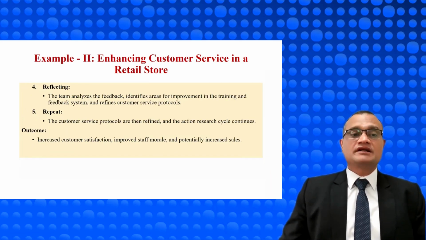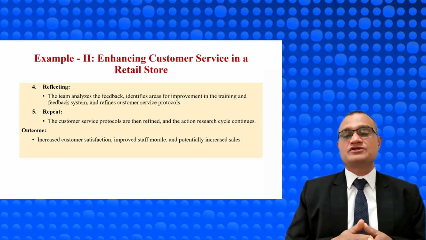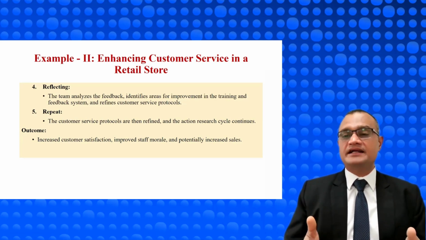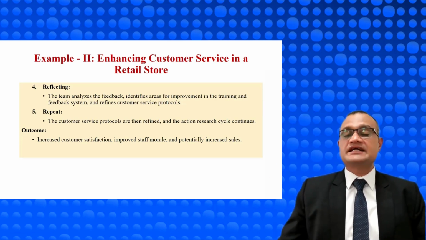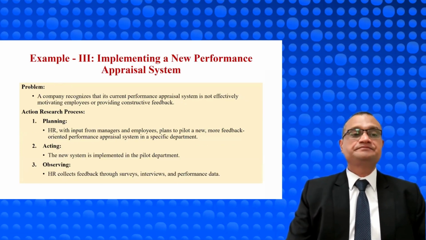Number four, reflecting: the team analyzes the feedback, identifies areas for improvement in training and the feedback system, and refines the customer service protocol. Repeat: the customer service protocols are then refined and the action research cycle continues. Obviously, the outcome is increased customer satisfaction, improved staff morale, and potentially increased sales.